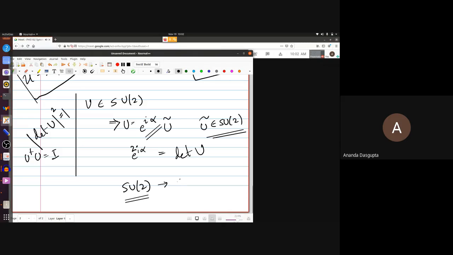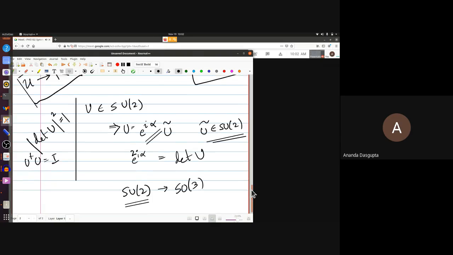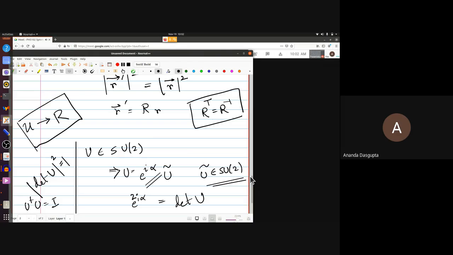But I'm still waiting for this. How do we know that this R, which is an orthogonal transformation, is actually a rotation? How do we know it's SO3? Can anybody tell me that? Then, of course, start with a particular SU2 matrix, explicitly find the matrix R, and calculate its determinant.